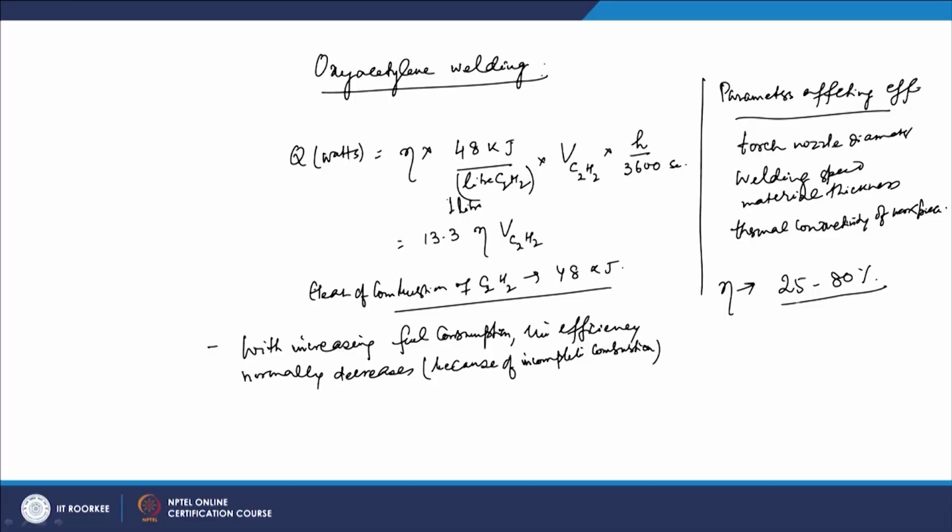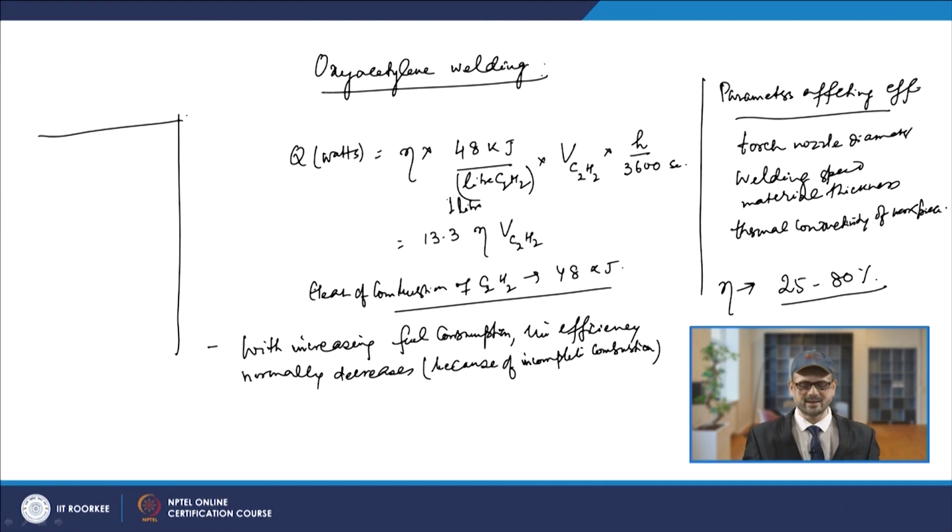Many a times we take measures to reuse the heat liberated to the surroundings. With regenerative methods you reuse the energy being dissipated, and that way you can increase the efficiency of these processes.